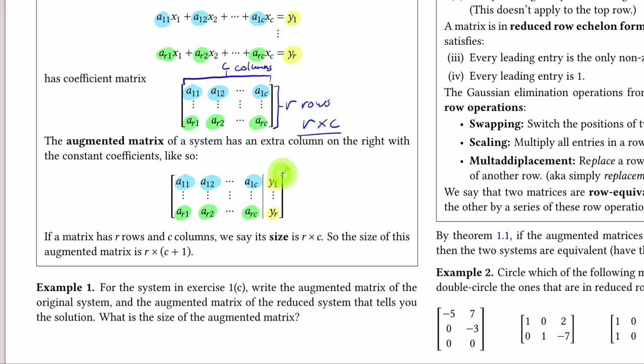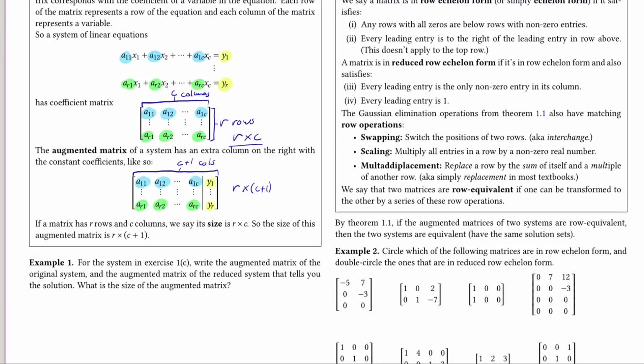This one has all c of the columns plus an extra one, so the size is r by c plus 1.